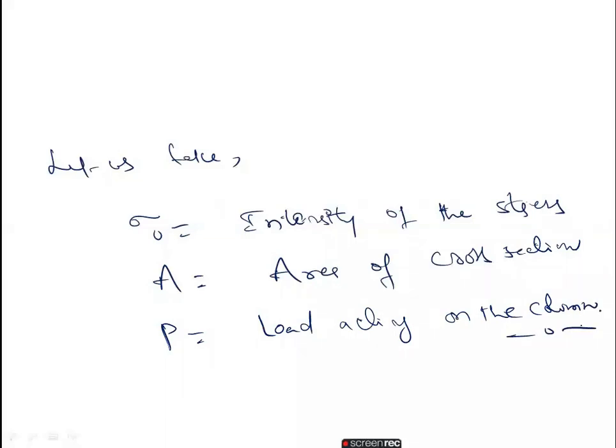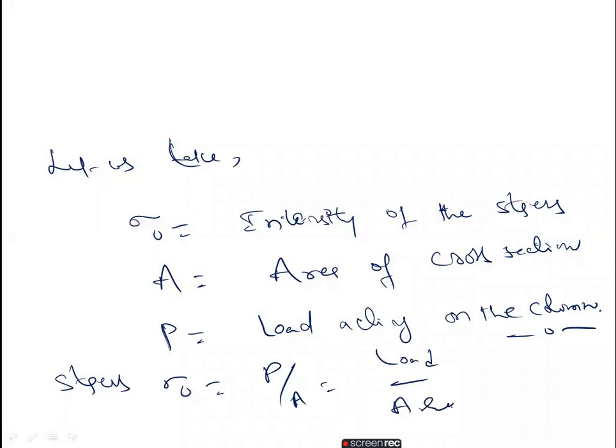Then what happens? Stress, sigma naught, equals P by A, that is nothing but load by area. Okay, this is the formula we know already, that is the stress formula.